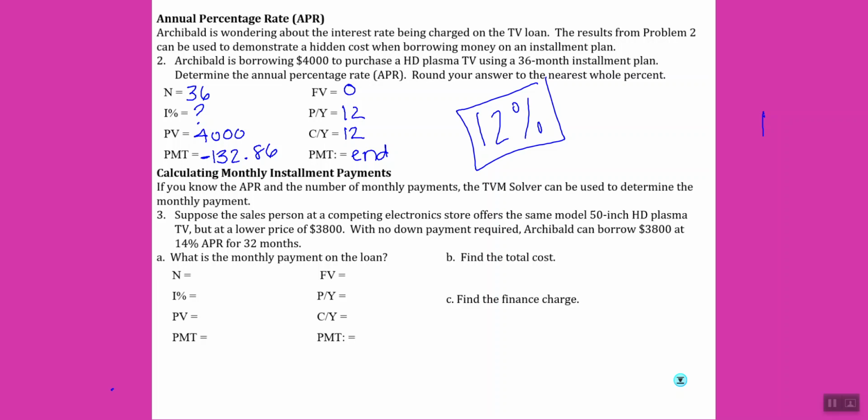So N would be 32, I would be 14, PV is 3,800, PMT is what we're trying to find, so that's our question mark. FV would be 0 because we don't owe them anything at the end of the loan. And we're going to make monthly payments, so PY and CY are 12, and PMT is end.